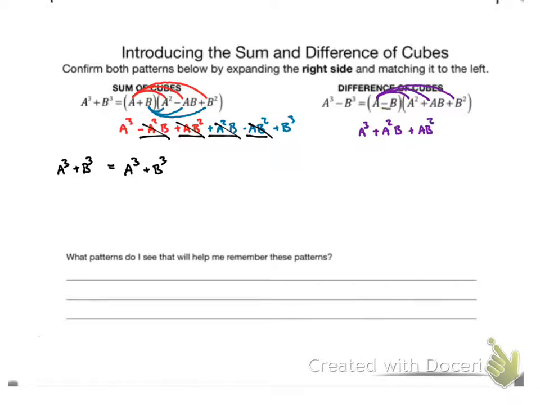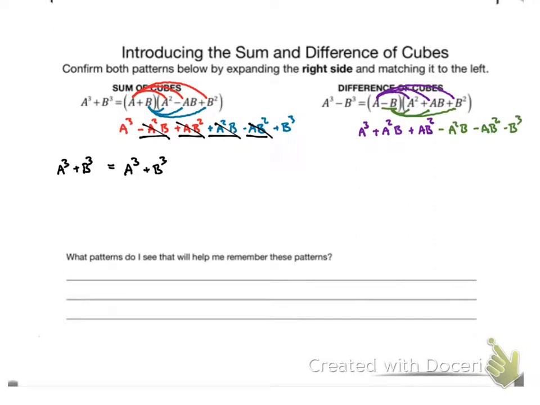We move on to the negative b. So negative times a positive is a negative b times a squared, negative a squared b. Negative b times positive ab squared is a negative ab squared. And then negative b times b squared is negative b cubed.